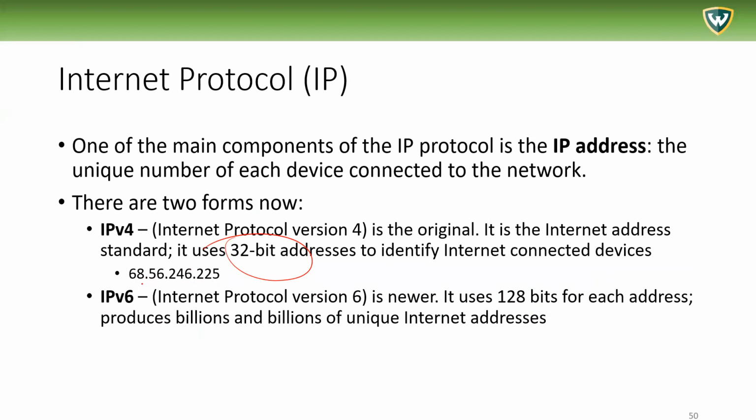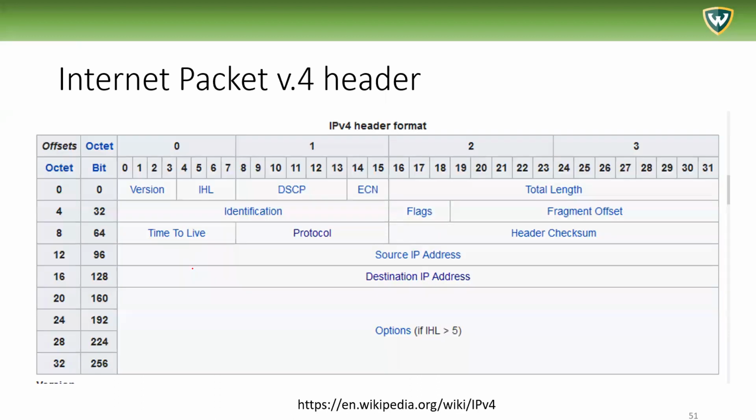Just to clarify, this is just the IP address itself. This is not the full extent of the data packet. And here is some header information on the data packet, just to see all kinds of information that can actually be included in the data packet.